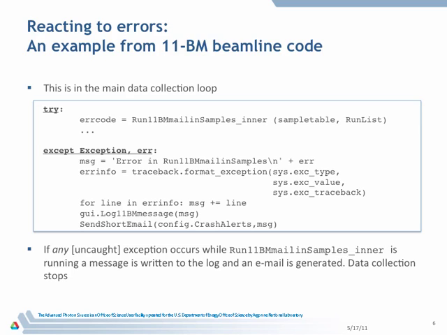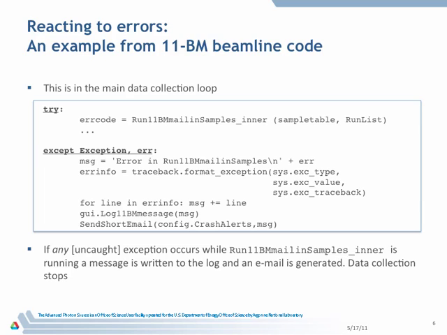When 11BM is collecting data on mail-in samples, it runs through a whole bunch of setup operations and then very quickly gets to a point where it says try, and then this routine actually does the data collection. And if it hits any kind of error, because all errors fall into the category of exception, it comes up with a message.